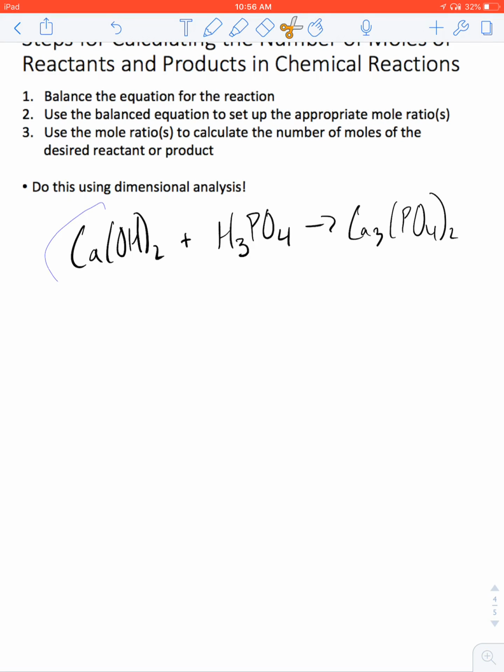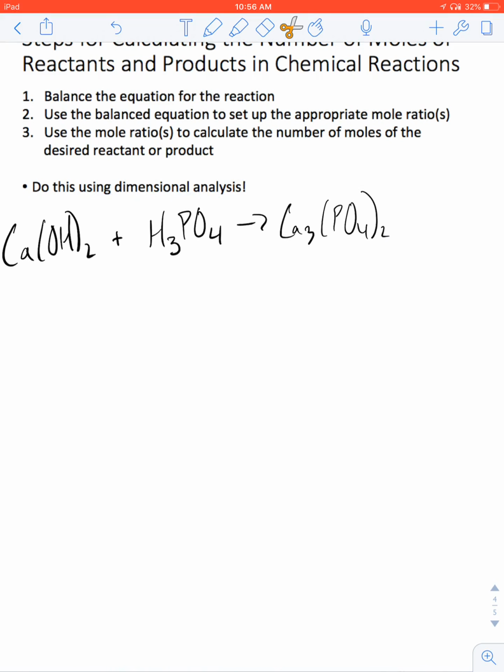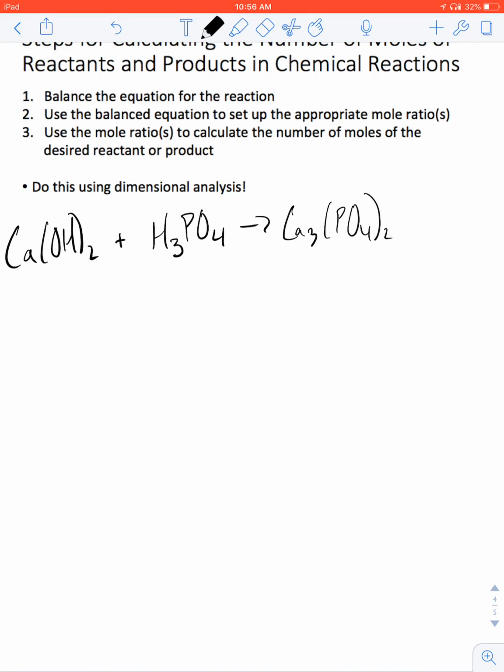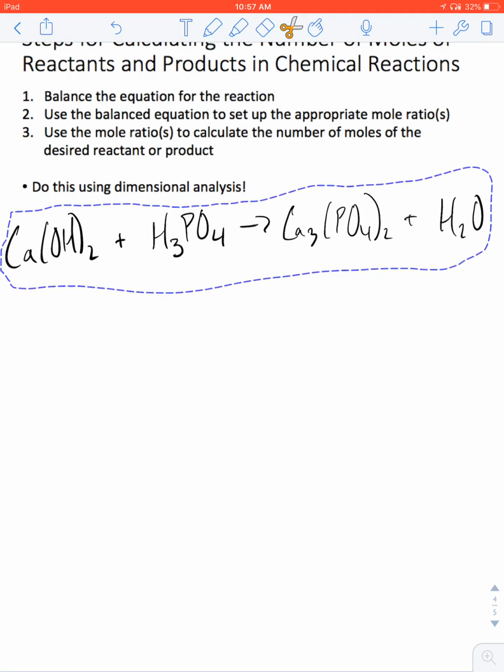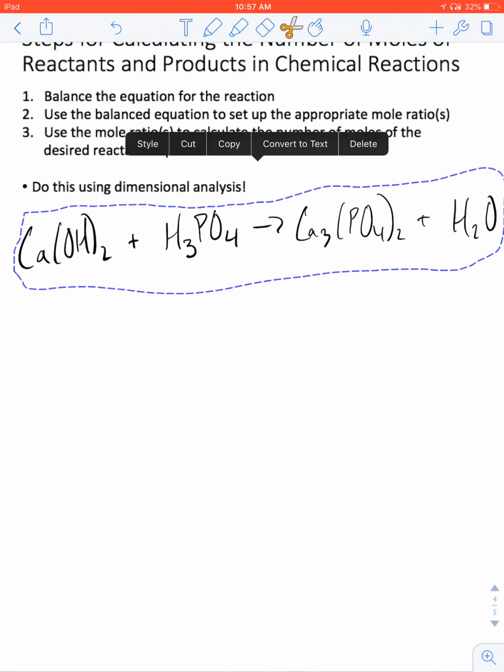Uh-oh, running out of room here. Let's see if I can salvage this. Whoa. And water. Okay, so this is our new equation here.